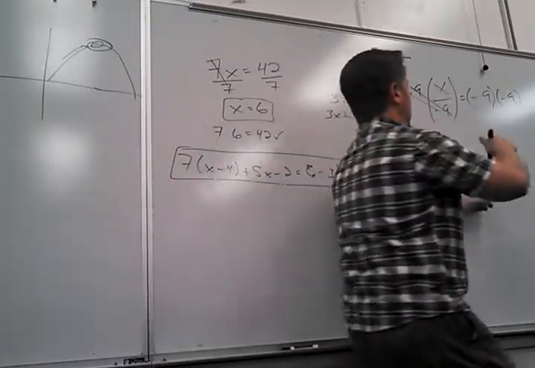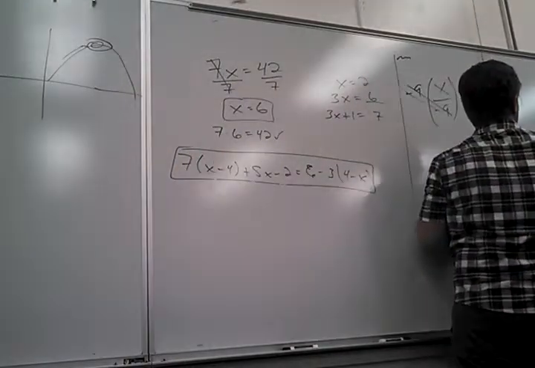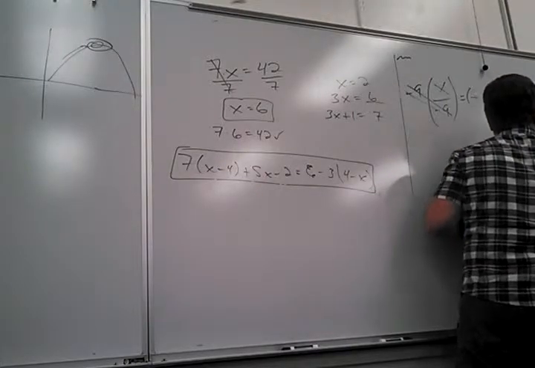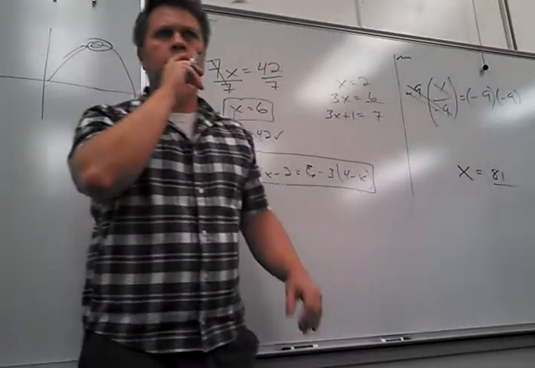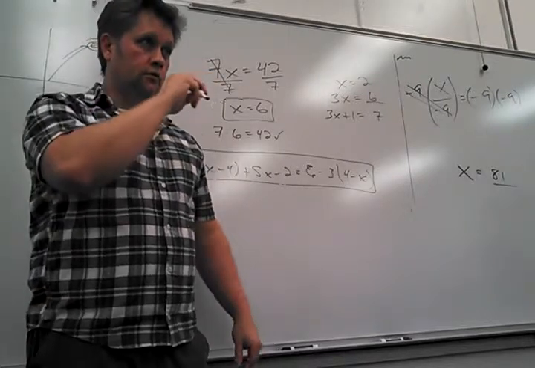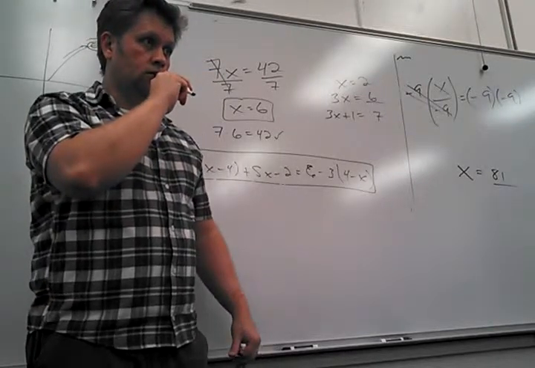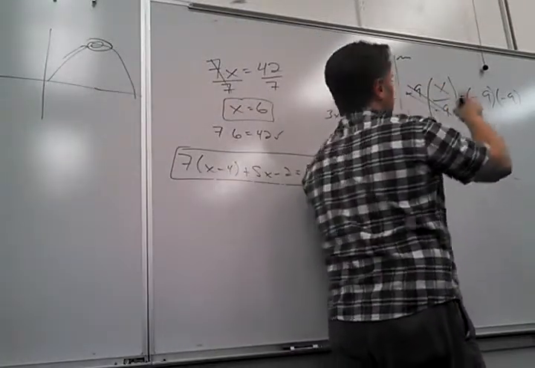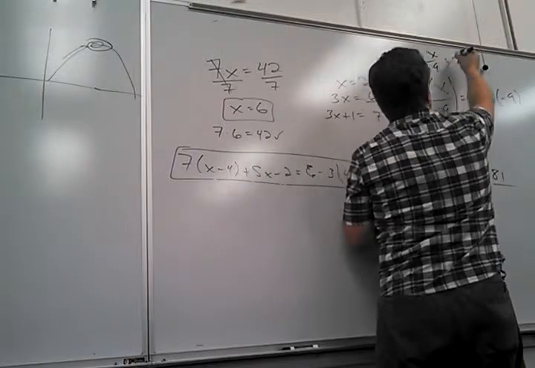If I were to check this answer, how would I do it? 81 divided by negative 9 is negative 9. Check. Right, so that's what I mean when I say check. Negative 9 times negative 9 is 81. To check this equation, what does the equation look like in the first place? It looked like this.